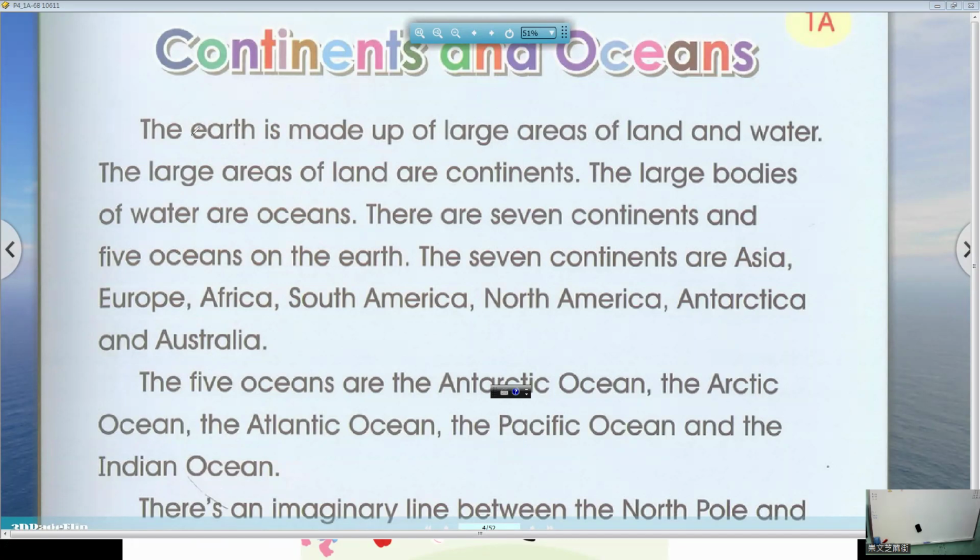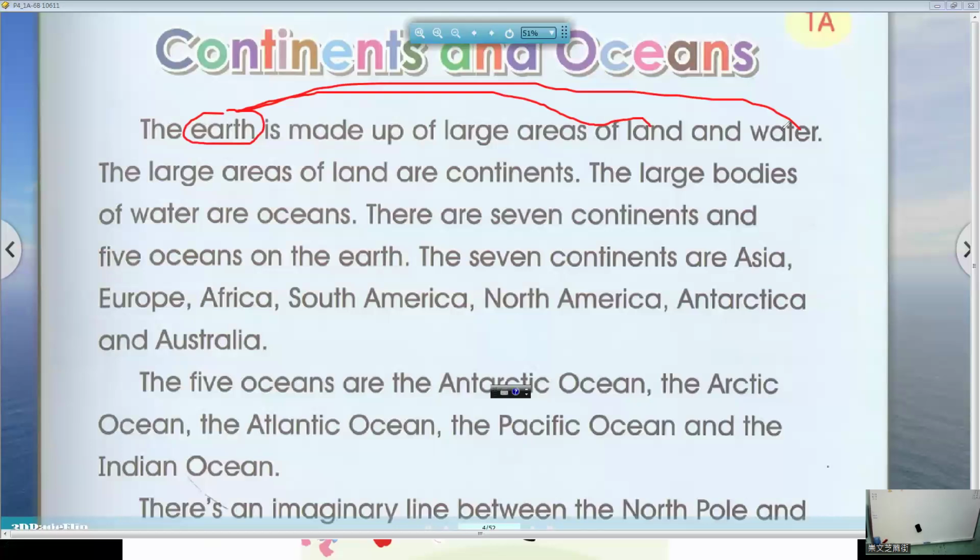Okay, let's start with Sophia. Read. The earth is made out of large areas of land and water. Okay, so earth, you circle. So it has land and also water. Next, Vic, continue.